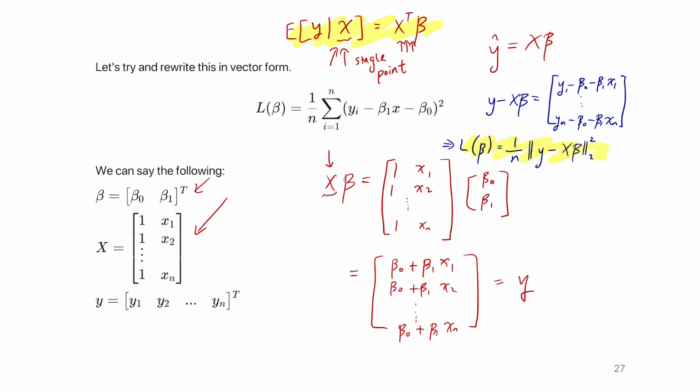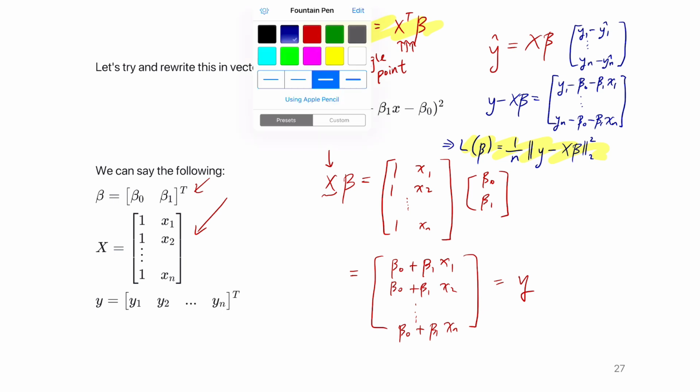Is that clear? We take our actual vector y, subtract it from our predictions x times beta. That gives us essentially a vector of y1 minus y1 hat, dot dot dot, through yn minus yn hat. Take all of those elements, square each of them, sum them, and multiply that by 1 over n, and that's our mean squared error.